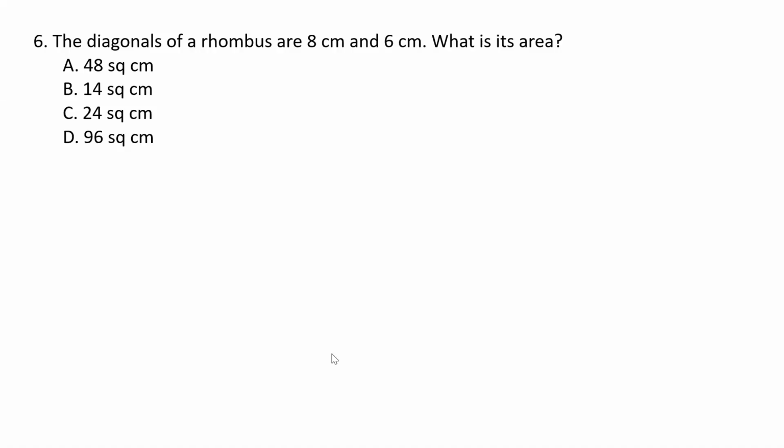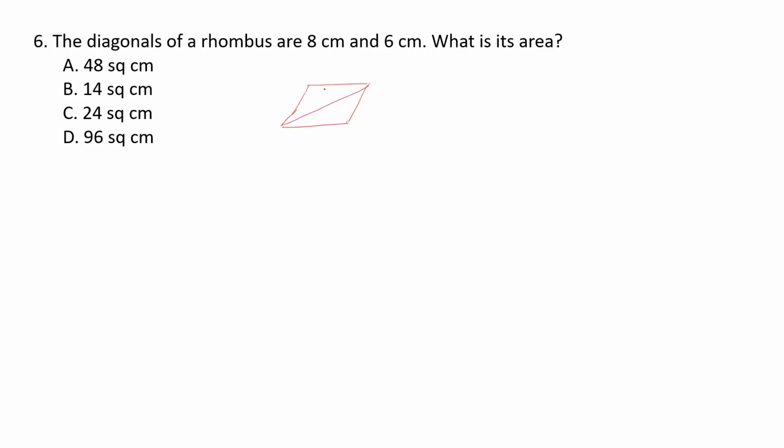Next problem is: diagonals of a rhombus are given. So first thing, you should be knowing what a rhombus is. The shape you have to draw. That is important as I told you. Problem solving is not that important, but the shape you should be knowing. So remember, a rhombus is when all sides are parallel in pairs, but the lengths of the sides are equal.